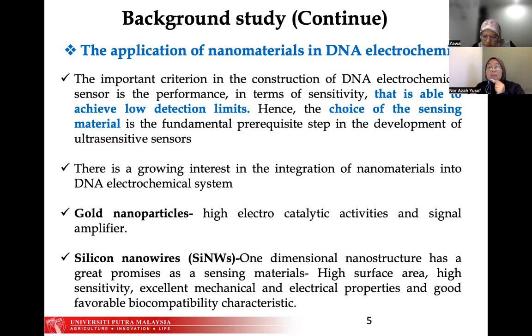Okay, what is the characteristic? So this is known literature. This is known facts about the nanomaterial that he has chosen. Gold nanoparticle, why he chose gold nanoparticle, that should be presented as well. And why silicon nanowires also should be presented, the purpose of using that nanomaterial.